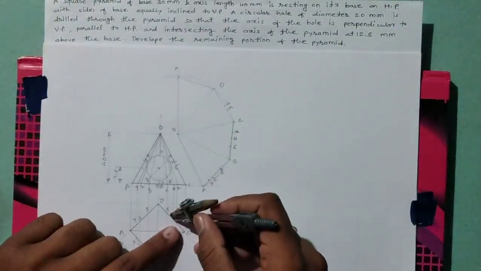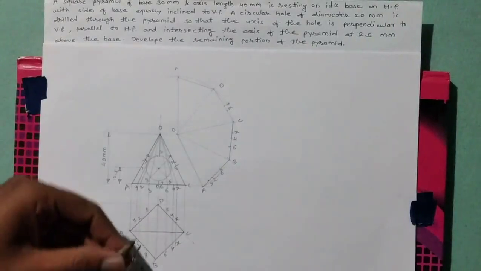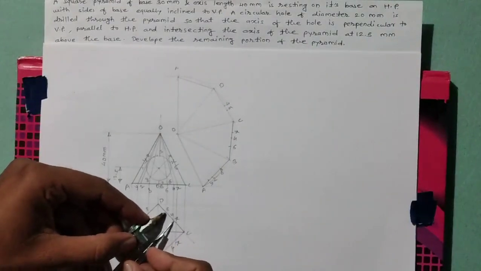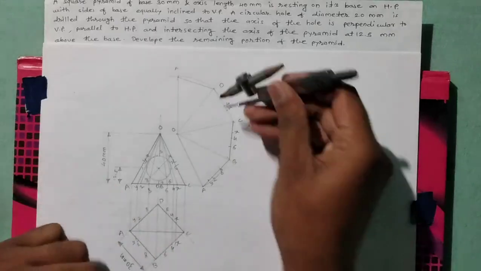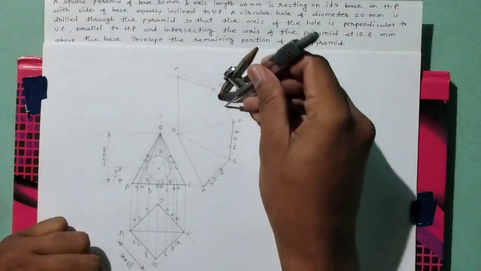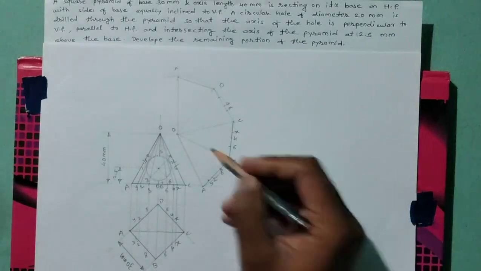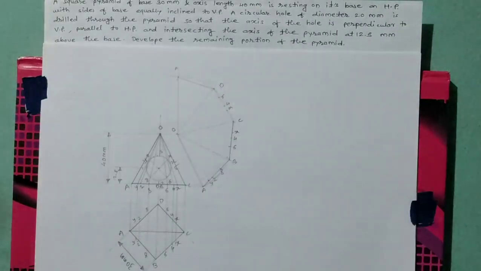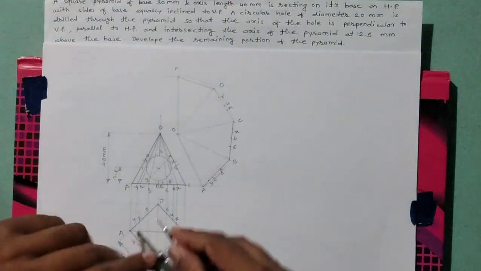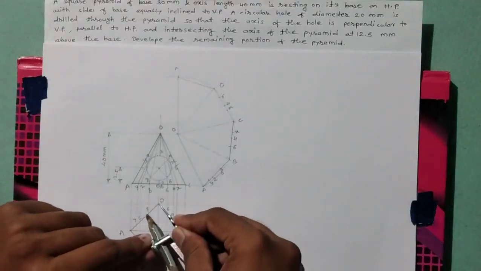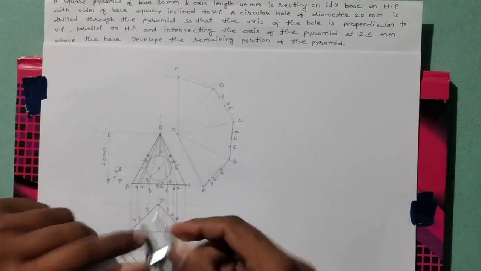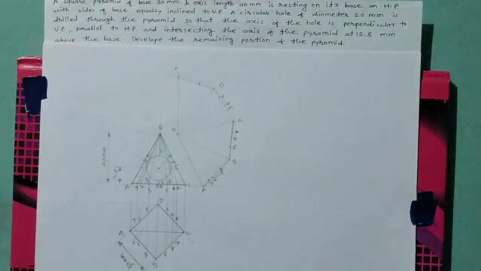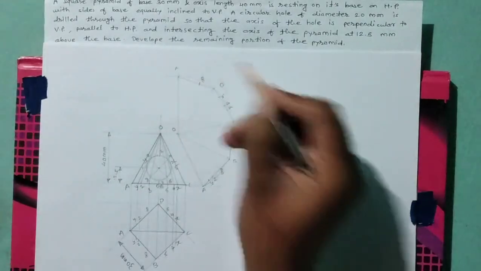After that, take the distance from 4 to 6, take this distance from point 4 to 6, put it here, and name this point as 6. That is, D is already here. After that, take the distance D to 8, take this D to 8, and name this as 8.